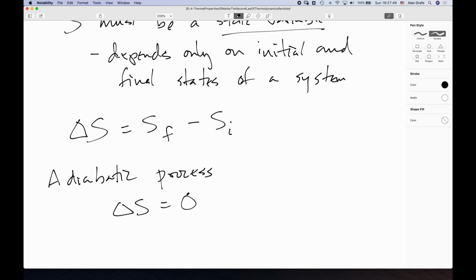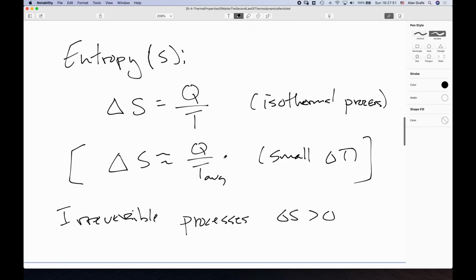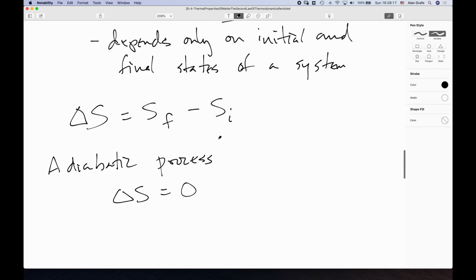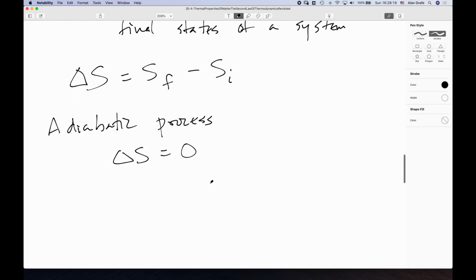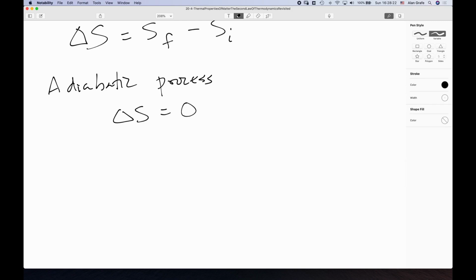And so using our fudged version of this, where delta S is Q over the average temperature between initial and final, I keep sticking in Q as 0 here, and delta S remains 0. And you have to go through a limiting argument of making your hypothetical steps ever smaller and smaller to show that it all works, but it does. So for an isothermal process, we have that delta S is Q over T. And for an adiabatic process, we have delta S is equal to 0.